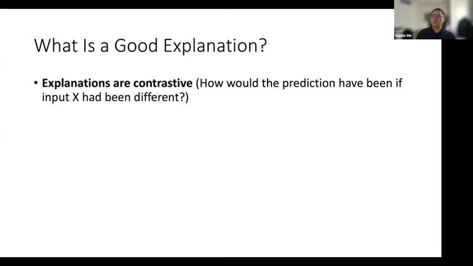So one notion is that explanations are contrastive, and humans often ask how the prediction would have changed had the input X been different. So instead of just asking why my algorithm has produced something, we would ask why it didn't produce something else. So we often ask these types of questions.